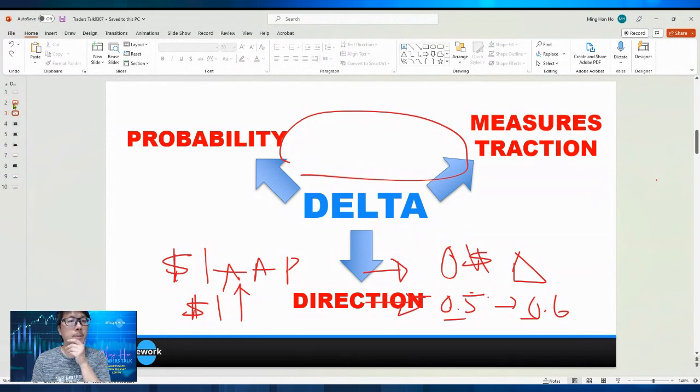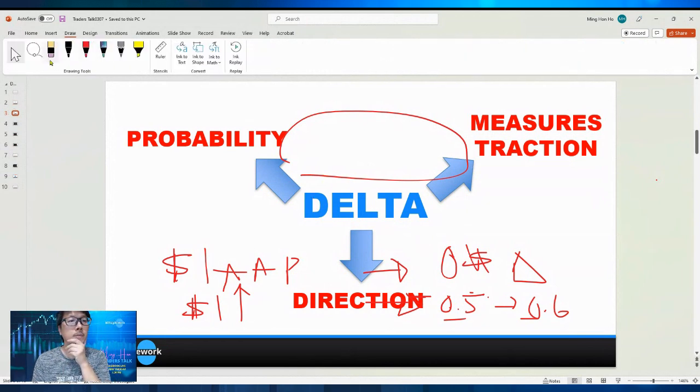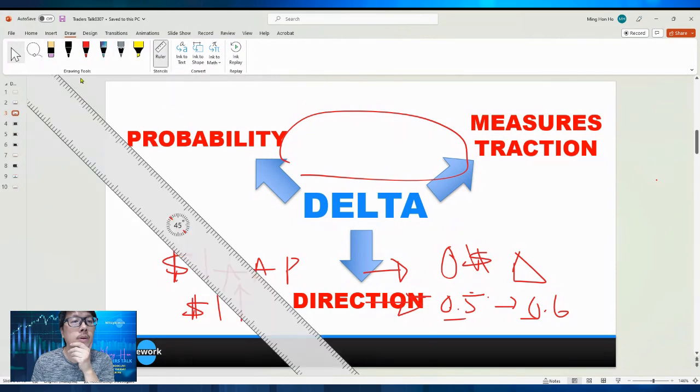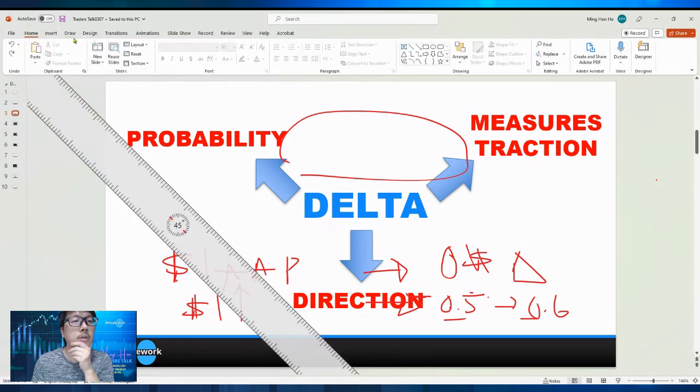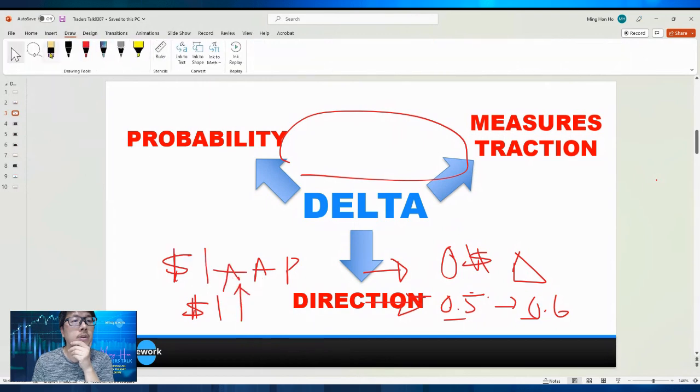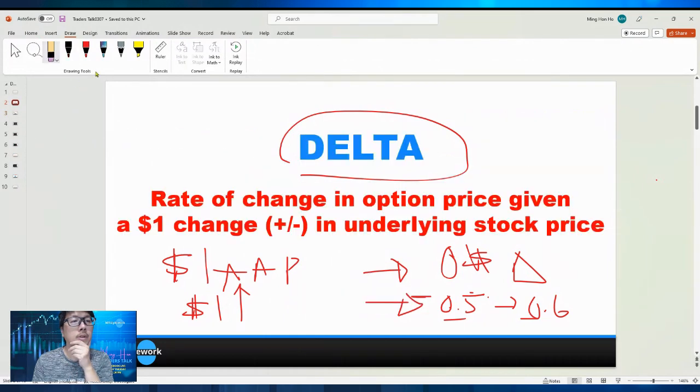Never happened before. Drawing tools, replay ink into text, into shape. Wow, more funny things coming up. Let me stop this for a while.